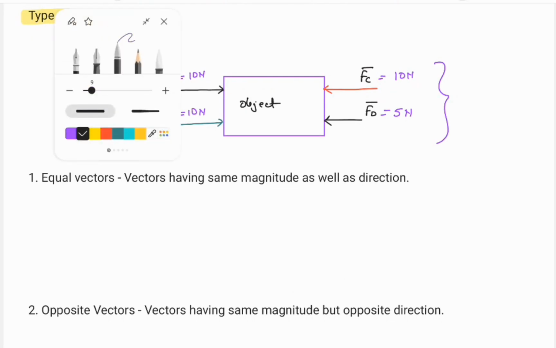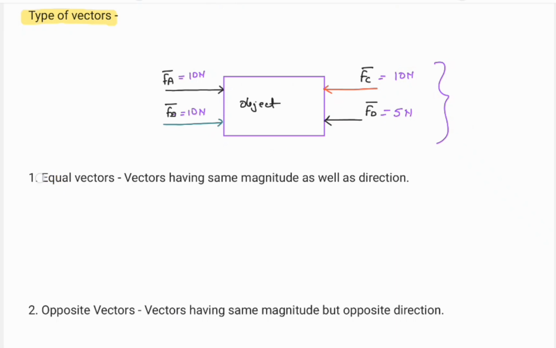Let us see the first. What do you mean by the equal vectors? The vectors having same magnitude as well as same direction. The vectors having same magnitude and same direction are known as equal vectors. Suppose we are having 2 vectors and these vectors are of same magnitude and having a same direction, then we will call these vectors as equal vectors.